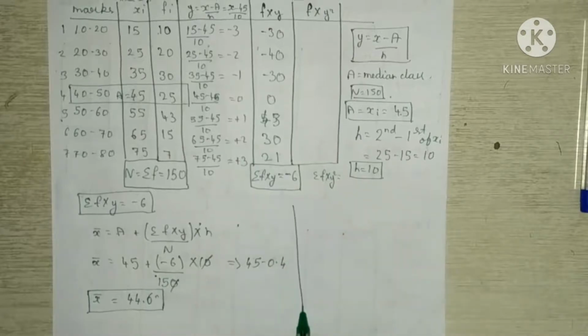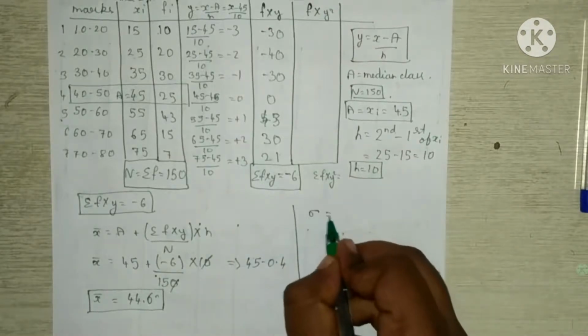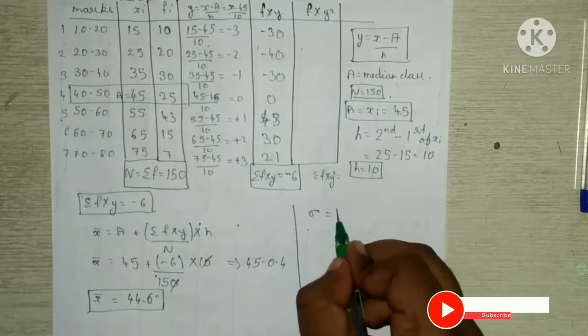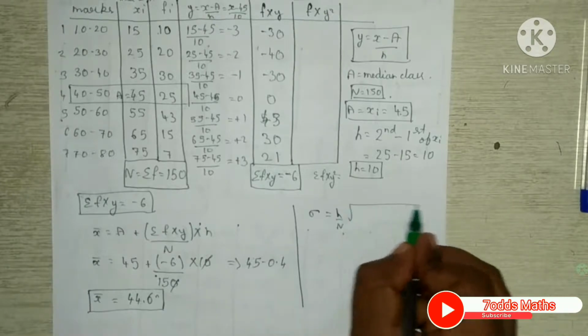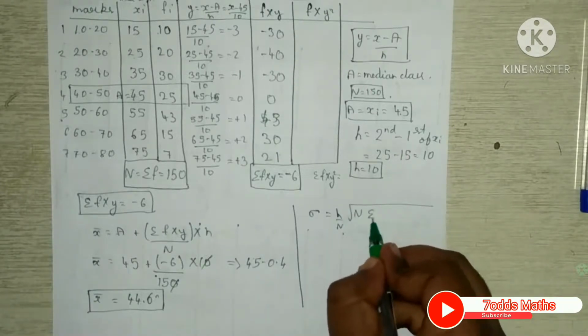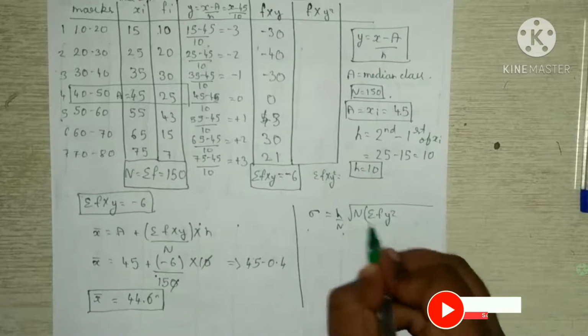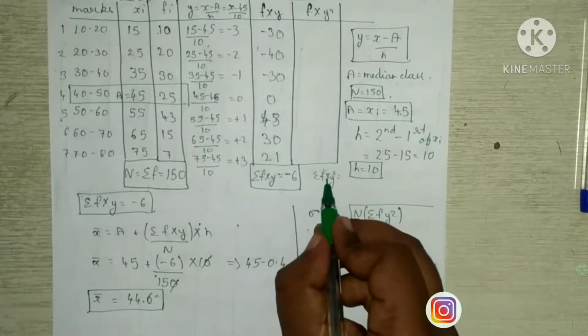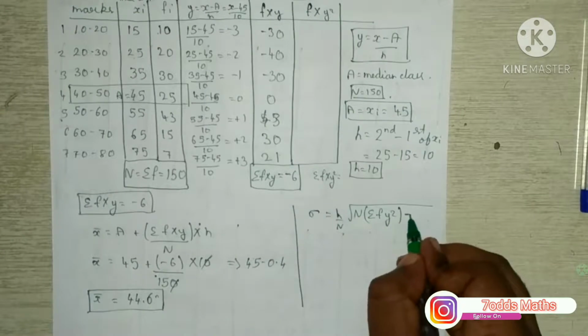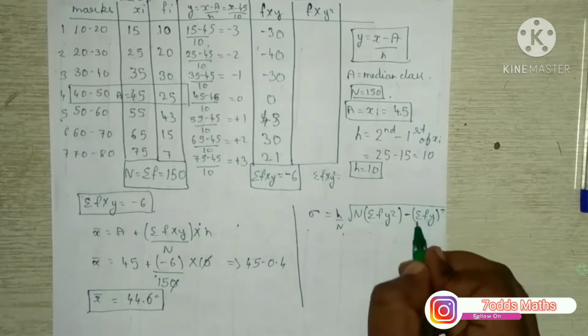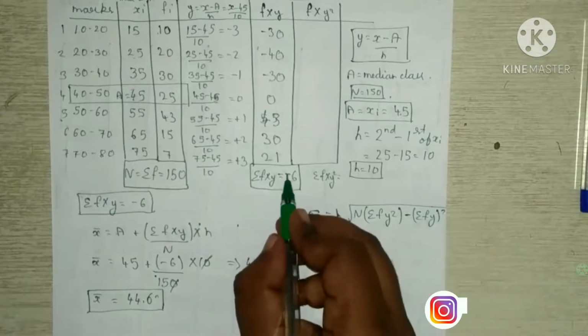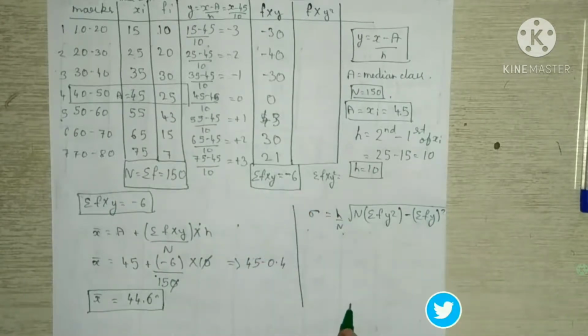Next you need to find sigma. Sigma is equal to h by n root over n into summation f into y square minus summation f into y to the whole square. Summation f into y to the whole square is nothing but minus 6 to the whole square.